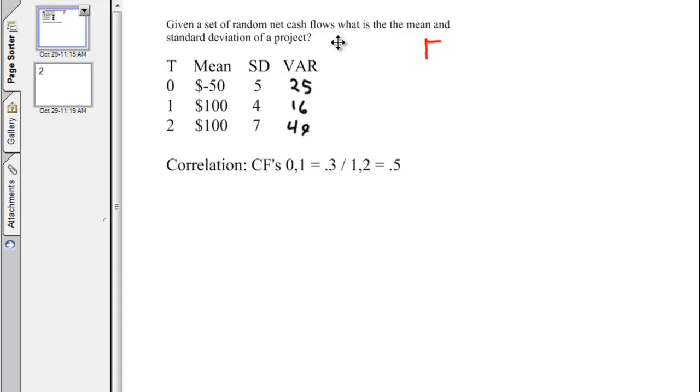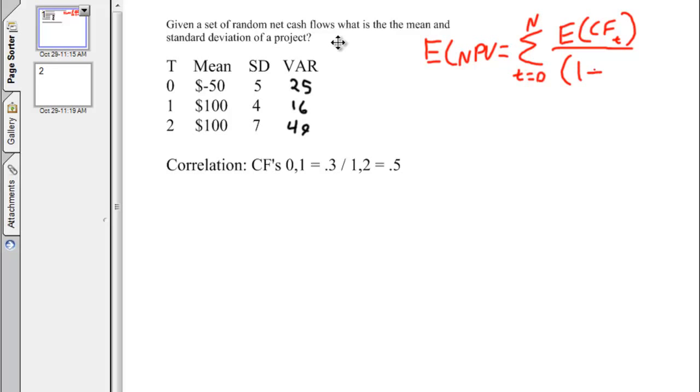So the expectation of net present value is equal to the sum of all the cash flows from time t equals 0 to n, and we discount all the expected cash flows, CF, at time t by our discount formula, 1 plus i raised to t.